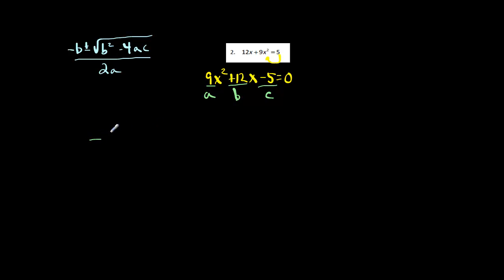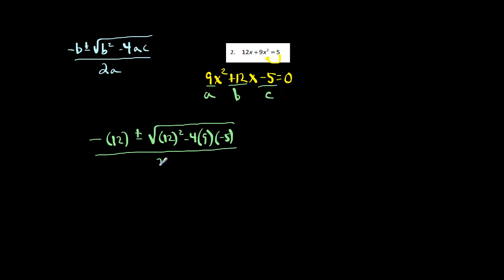So the opposite of b plus or minus the square root of b squared minus 4 times a times c, divided by 2 times a. So let's simplify this.